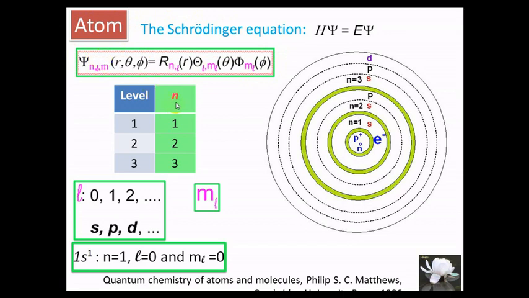Here we can observe that there is a direct relation between shells or levels and the principal quantum number.